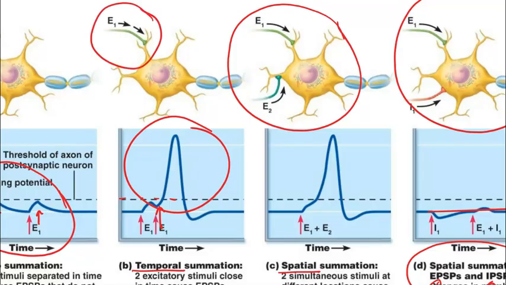That's the temporal summation. Option two, you call your friends. Your friends get around the car and you all push at the same time. This is the spatial summation. Okay? So different places, same time, spatial. Same place, multiple times, temporal.